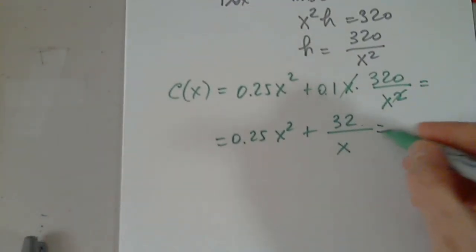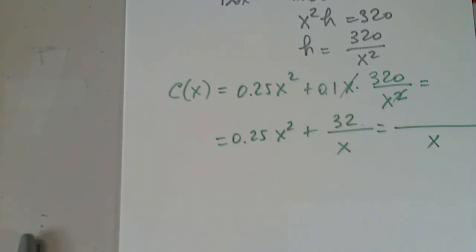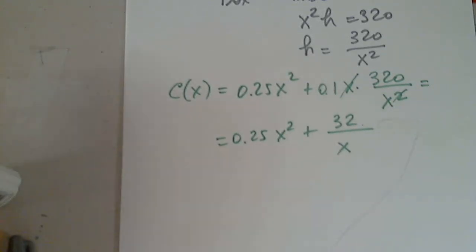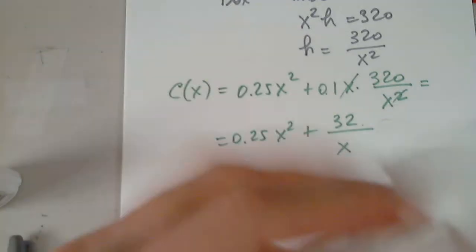In order to minimize, I have to find the derivative. Do I want to find the least common denominator yet? No, I want to differentiate without changing it into a fraction. It's much better not to.